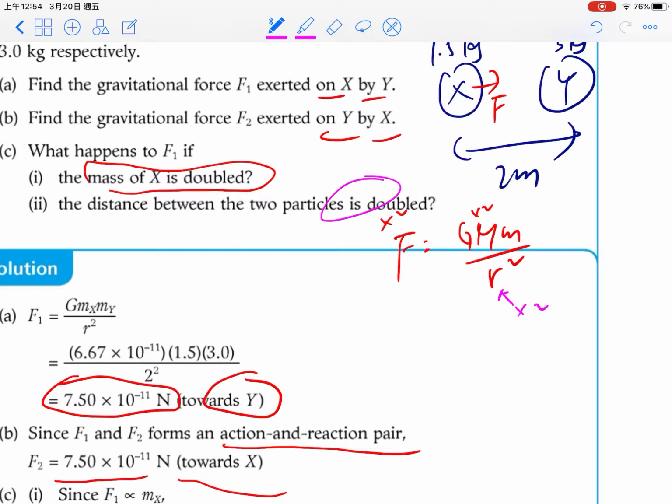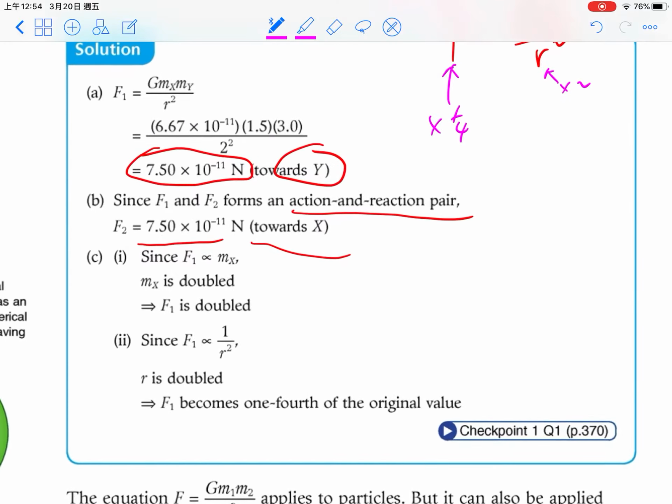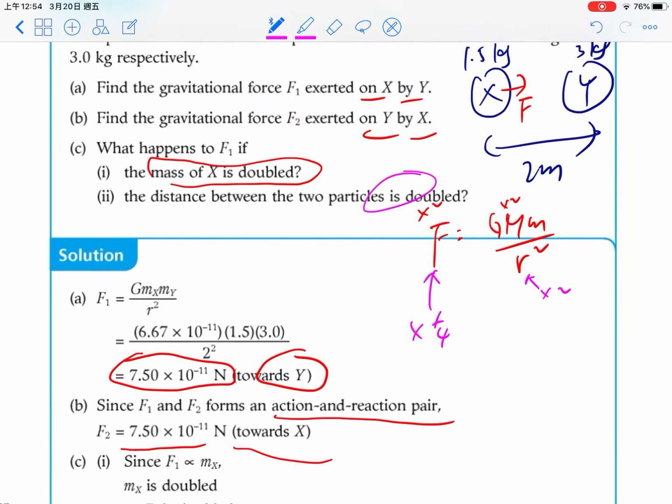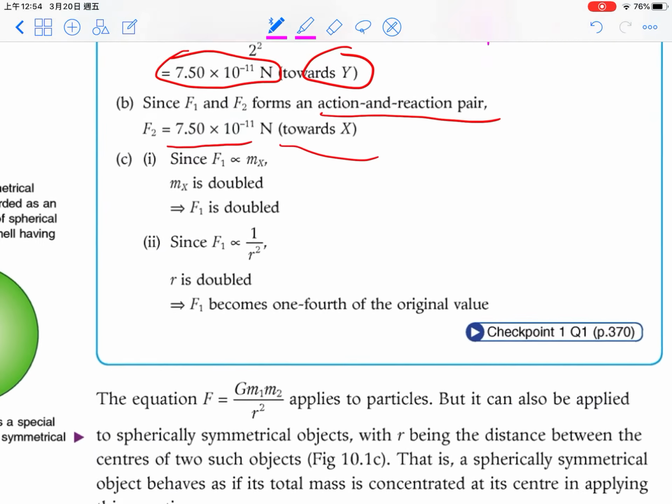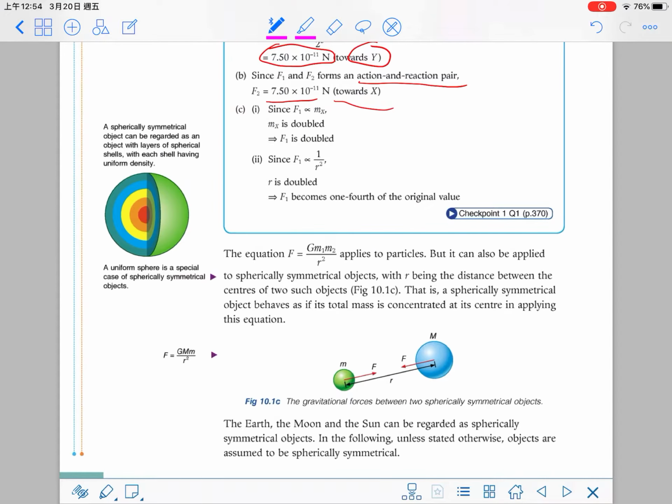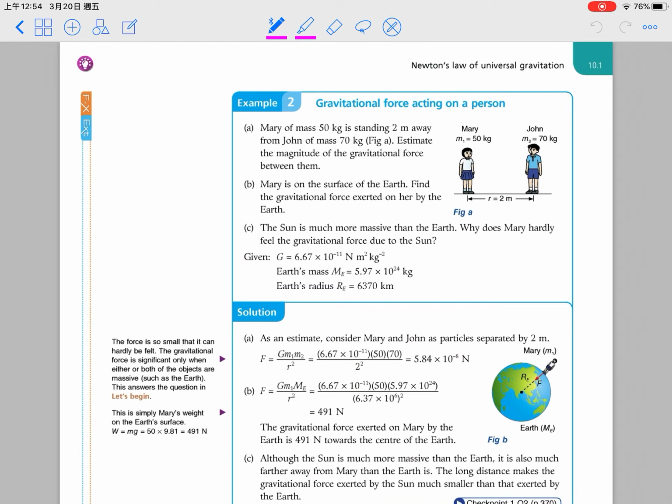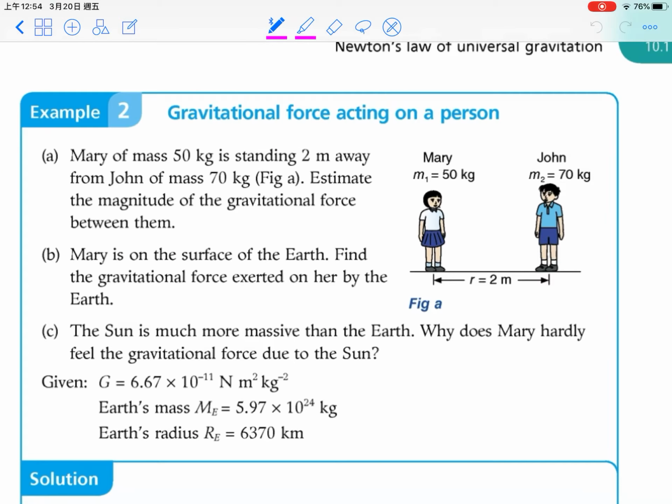As you know from the equation, F is inversely proportional to the square of distance, so it will be 1/4 of the original one. Now it sounds easy by using this gravitational force equation.